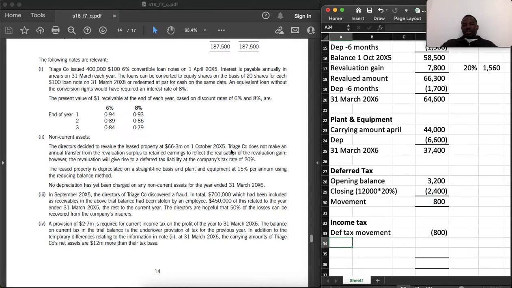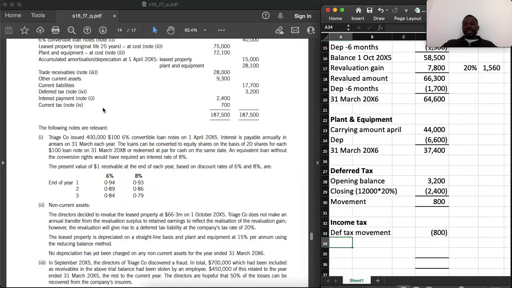Then we'll go to our income statement, our trial balance. We have our current tax. If it's a debit, it's an under provision. So we add the under provision. Then we add the current tax, which is the current provision.